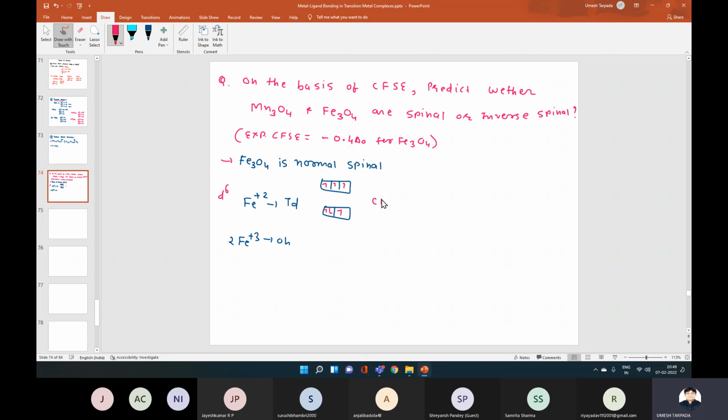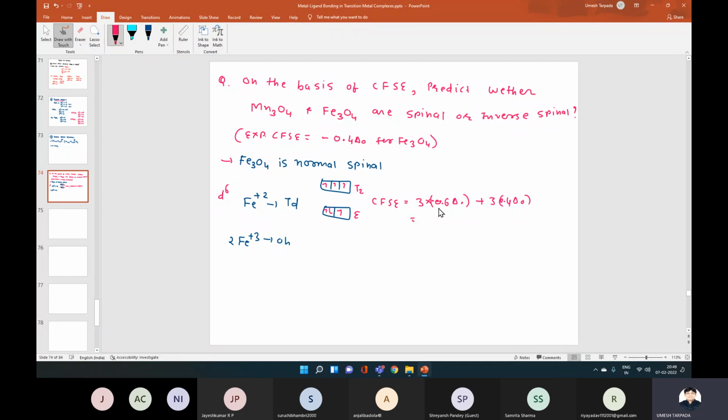So what is the crystal field stabilization energy? 3 electrons multiplied by the energy of the e orbital, which decreases by 6 Dq, minus 0.6 octahedral splitting. And the energy of the t2 orbital increases by 4 Dq, so 3 into 0.4 octahedral.